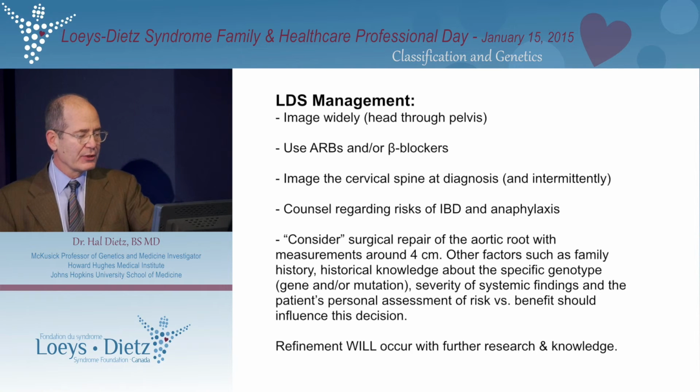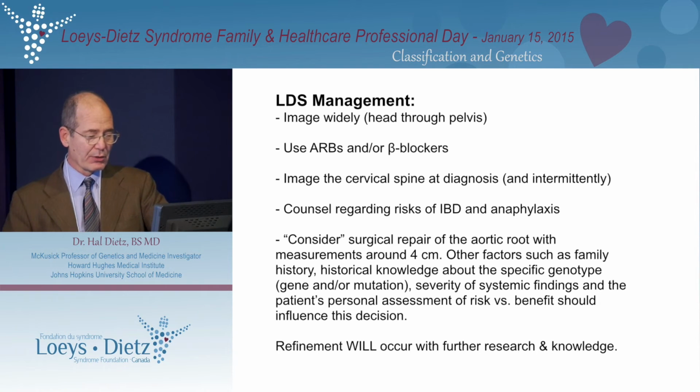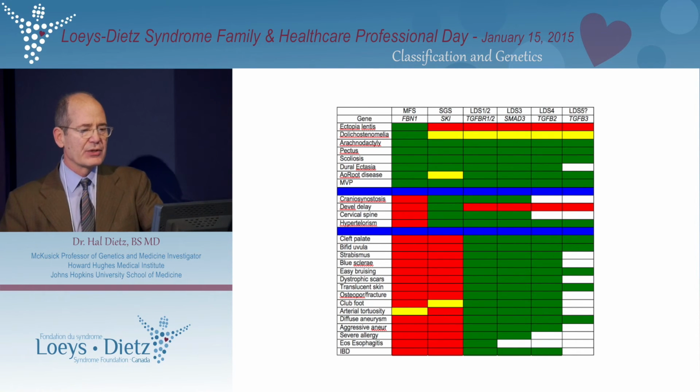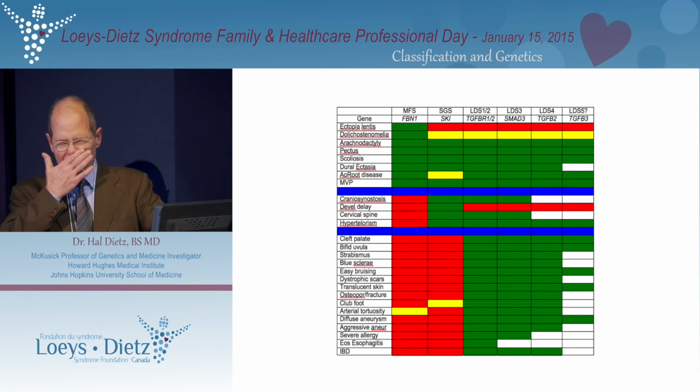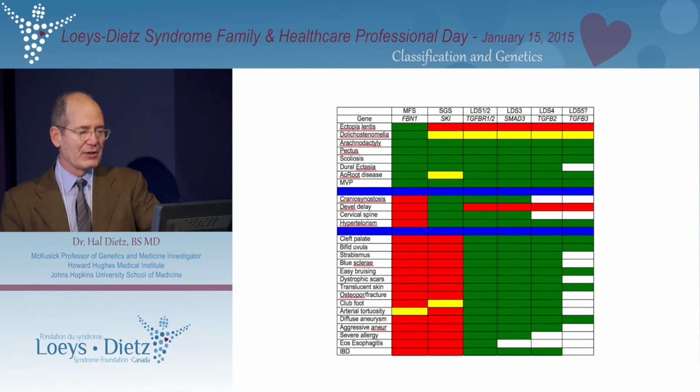I am absolutely sure that refinement will occur with further research and knowledge. There is now a condition associated with mutations in the TGF-beta3 gene. It's very early on. I know of information for about 5 patients. But what you can already see is that findings that are being reported so far are again very reminiscent of the classic Loeys-Dietz syndrome phenotype.